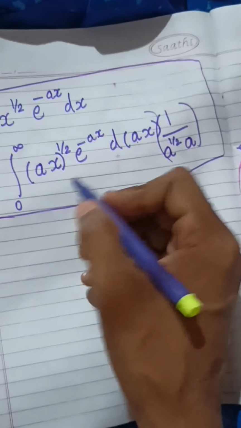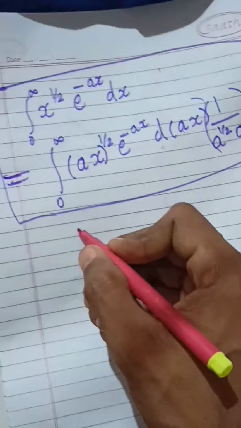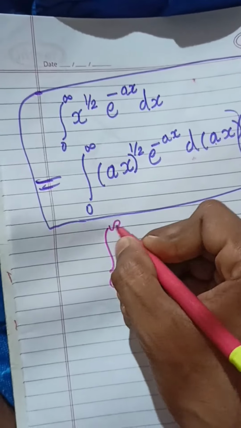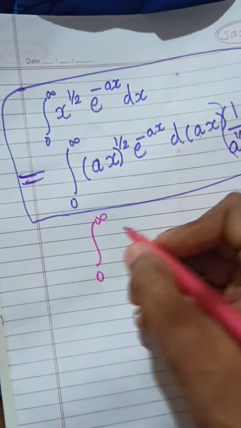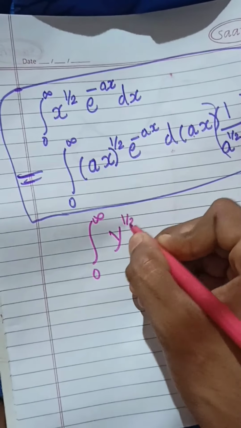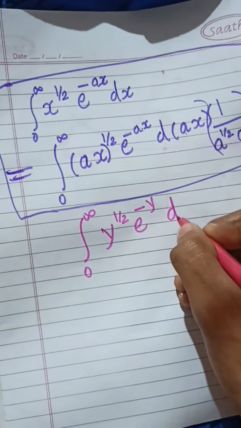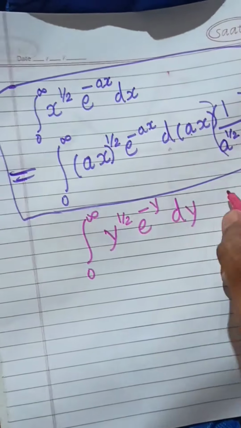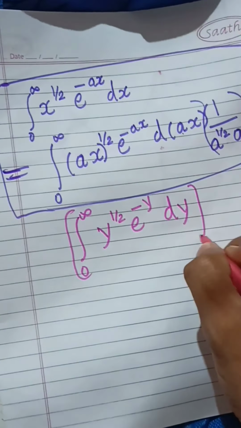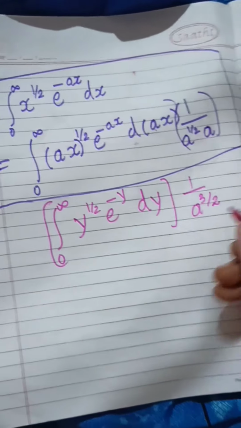So we are now able to apply the trick of the gamma function, because this is in the form of an integral from 0 to infinity. This ax can be y, so we have y to the power 1/2, e to the power minus y, where ax is y and dx is dy, and we also have a factor 1 by a to the power 3/2.